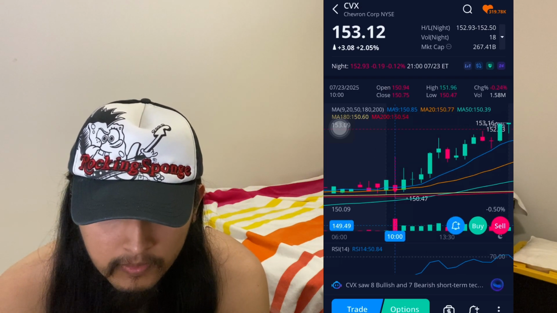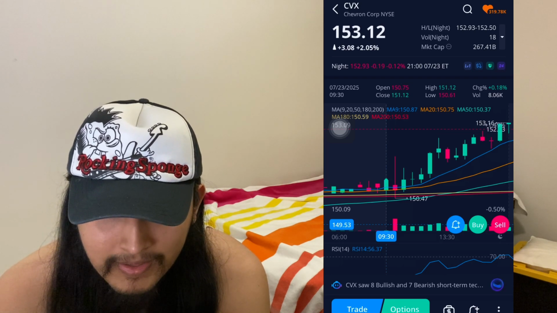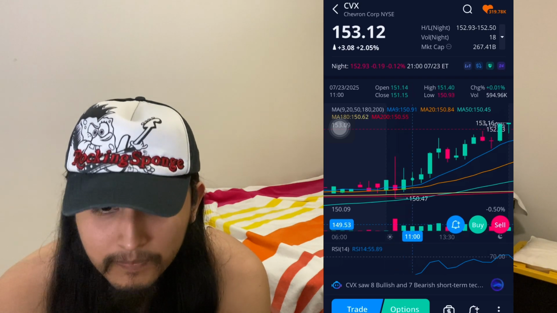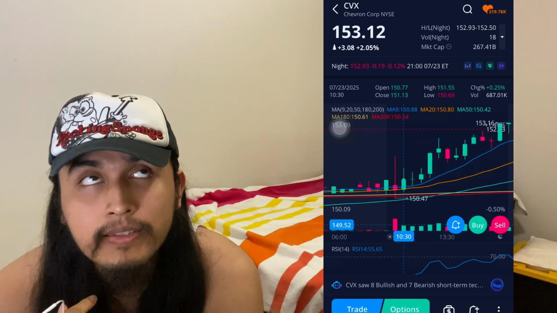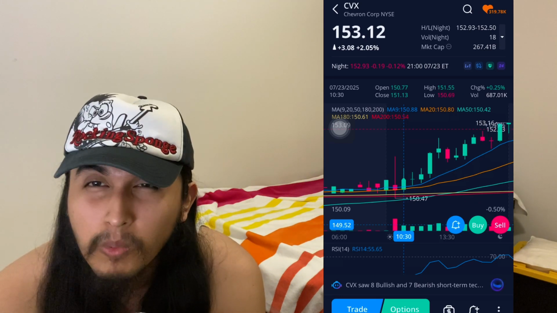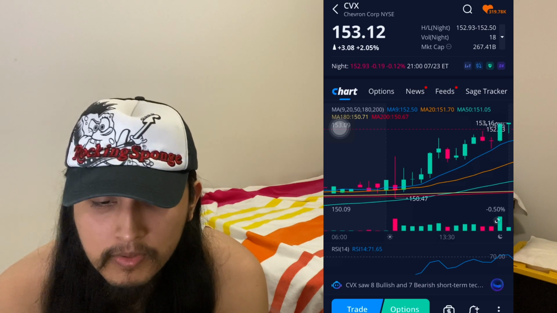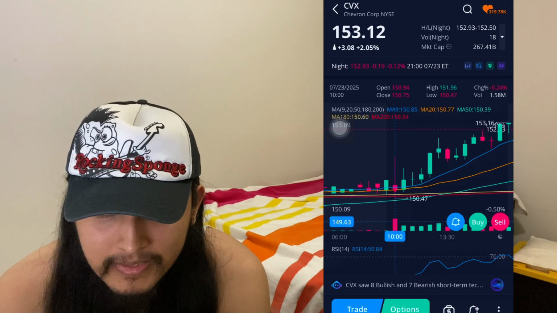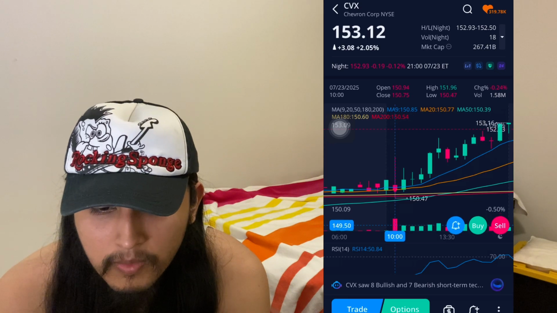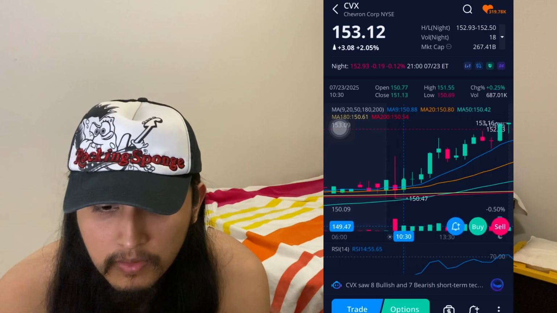I see that the 9 and 20 day moving average look exactly like this on the chart. To me, that implicates that basically that stock is going to be bullish for the whole day, if not for a little bit. So what I would do is patiently wait for an opportunity to get into Chevron call options.